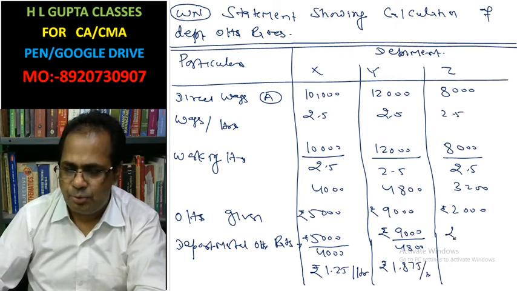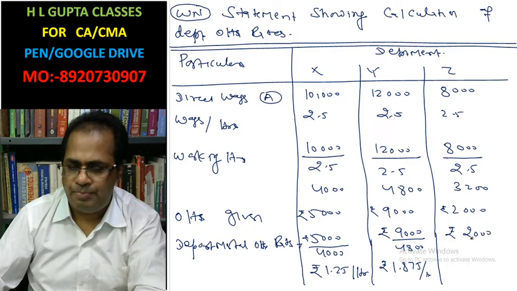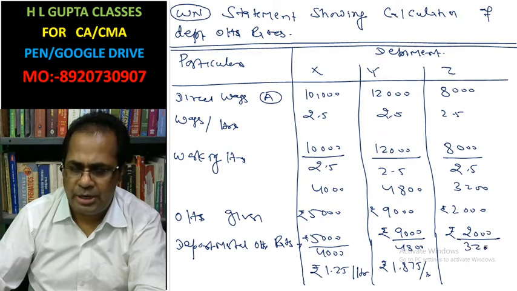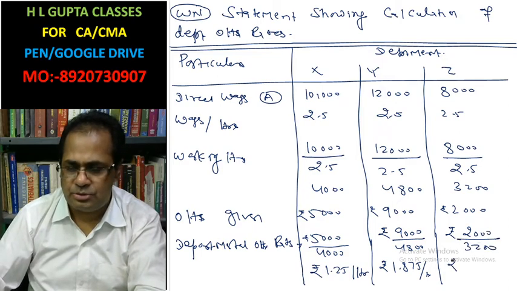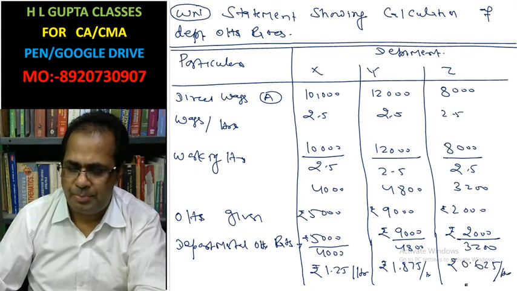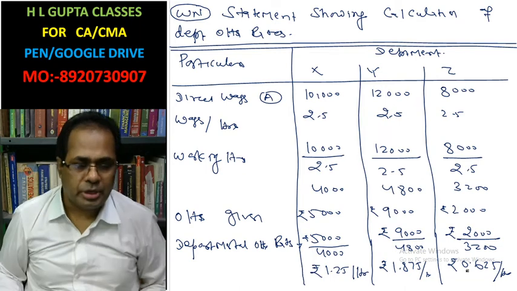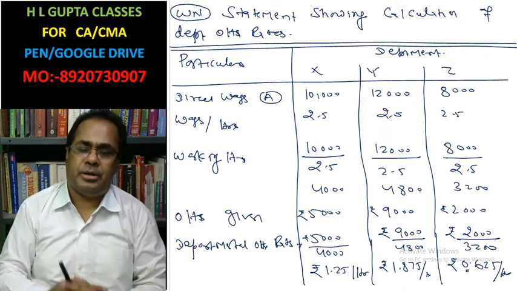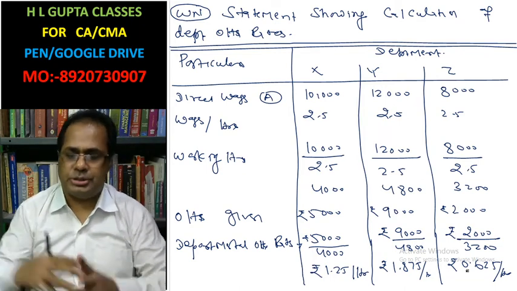This is rupees 2,000 for 3,200 hours, which is rupees 0.625 per hour. Okay, now you can calculate the revised job cost sheet.